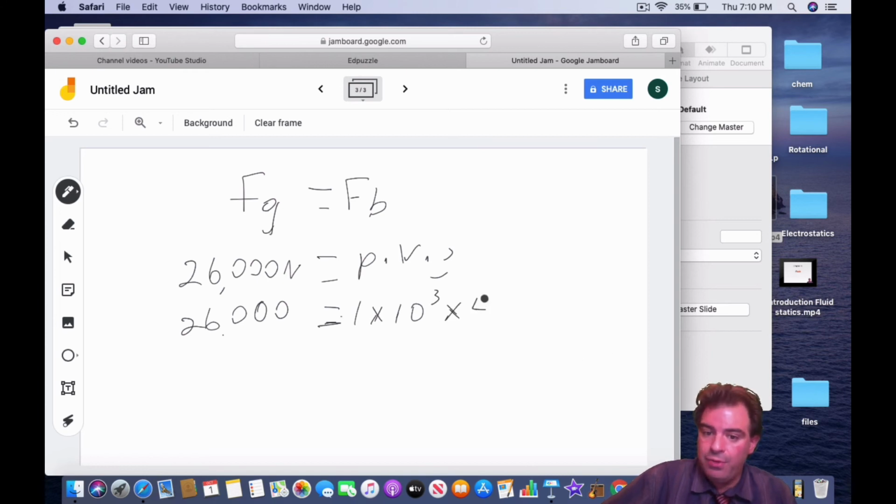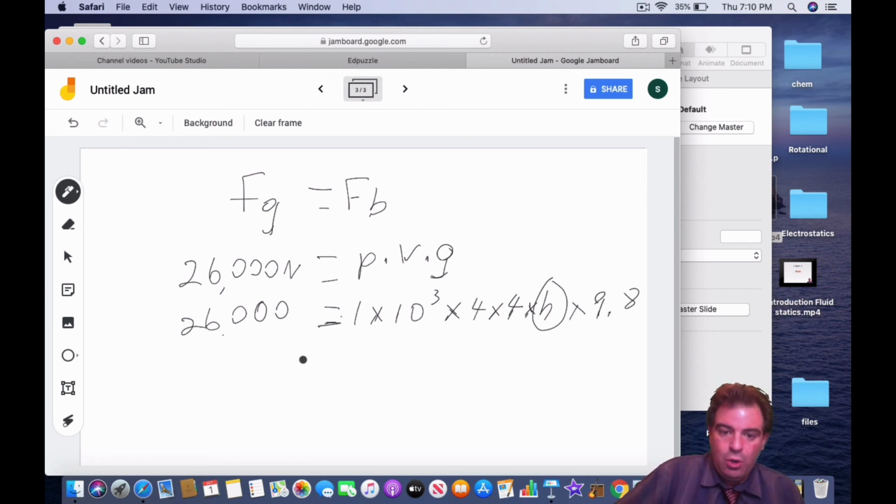We have the length, we have the width, and now we're trying to find the height. This is our x, what we're trying to solve for, times g, the acceleration due to gravity, 9.8.